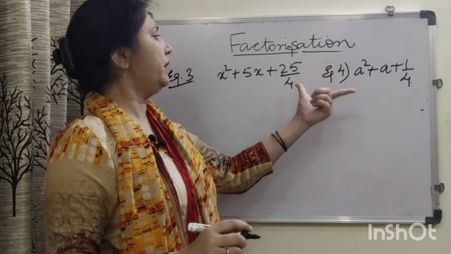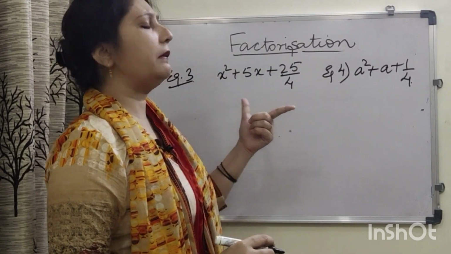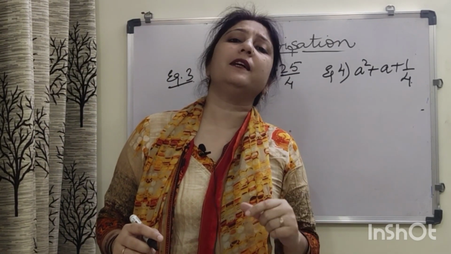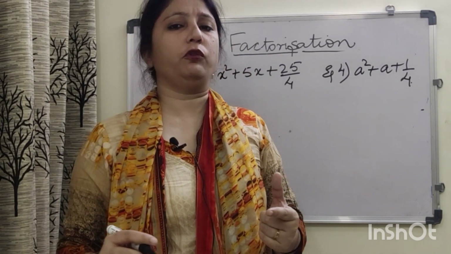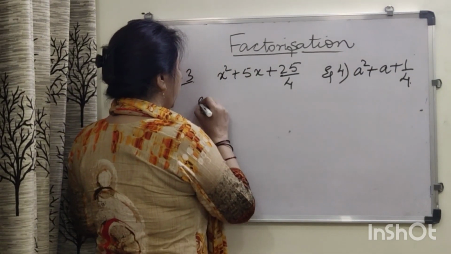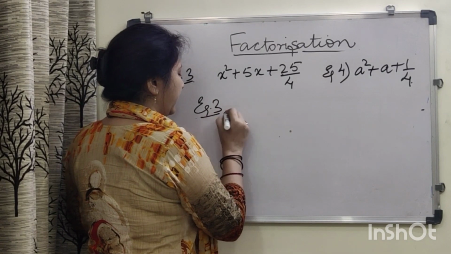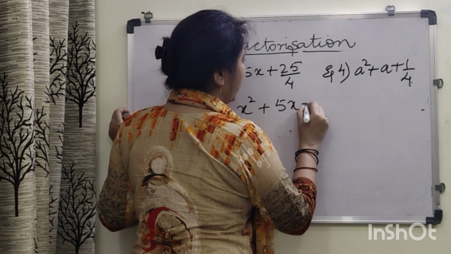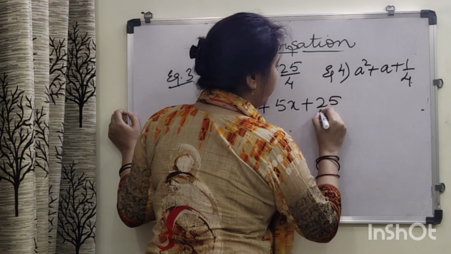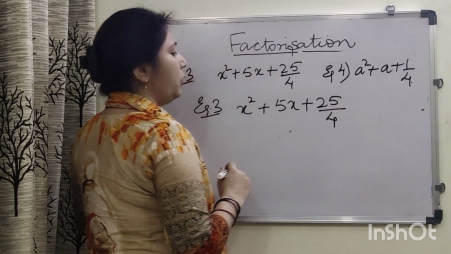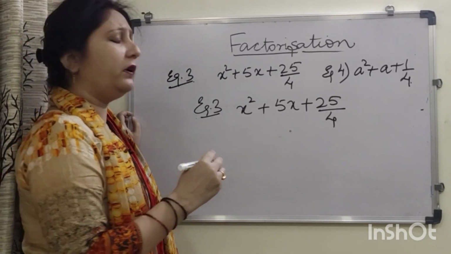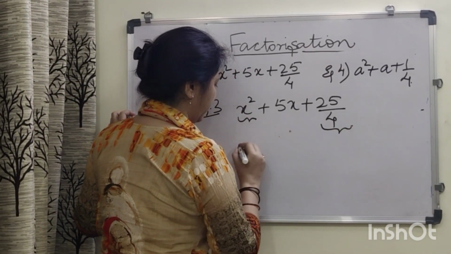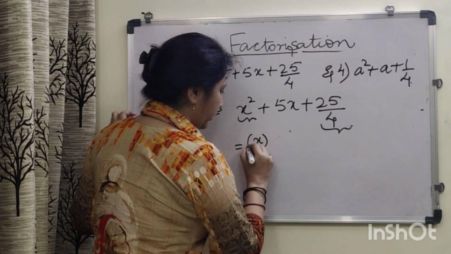Now another two examples that I have taken, they are slightly different from the previous one, but the method will remain same for these also. So if we proceed with example 3, it is x square plus 5x plus 25 by 4. Again, you look at the expression carefully, children. You will find the two whole square terms. So they are x whole square.